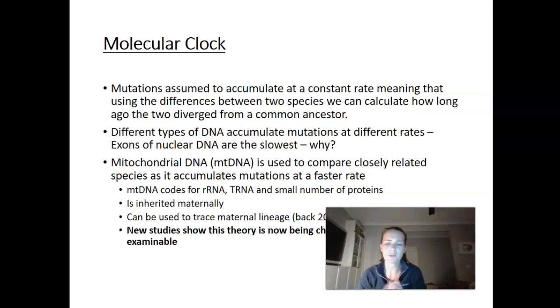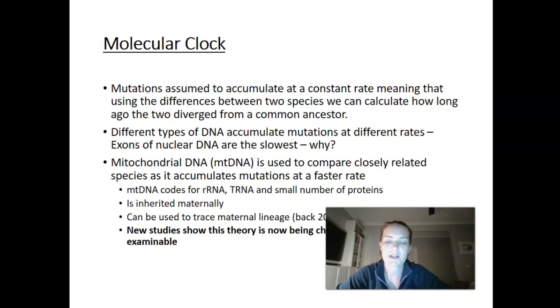Okay, this idea of a molecular clock. So we've talked about mutations, and this idea is that we can quantify these mutations at a constant rate. The molecular clock refers to the idea that if we can establish how many differences there are between two species in their DNA or in their amino acids, we can put a time to that.